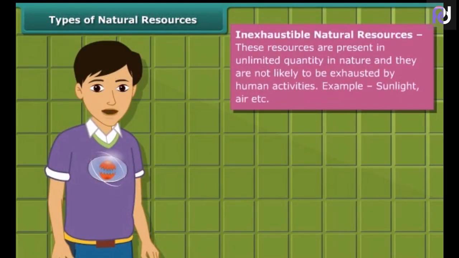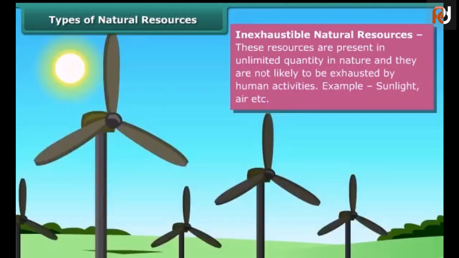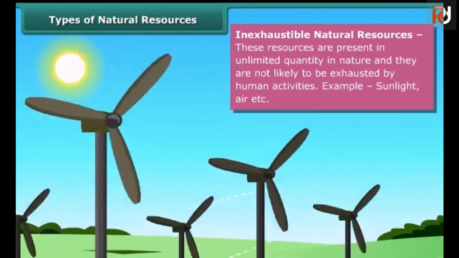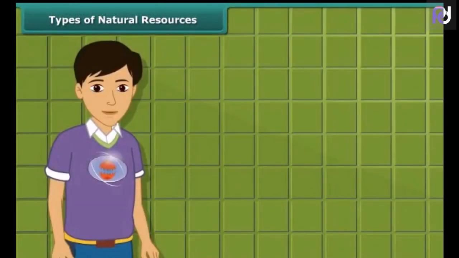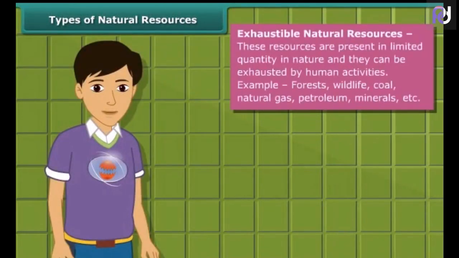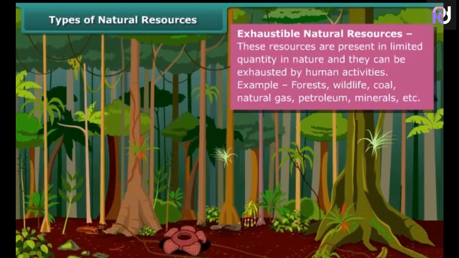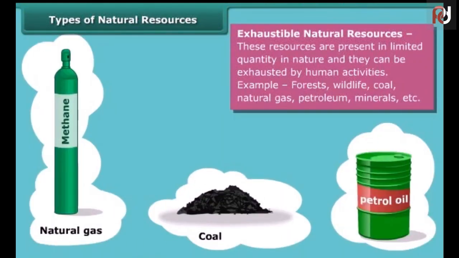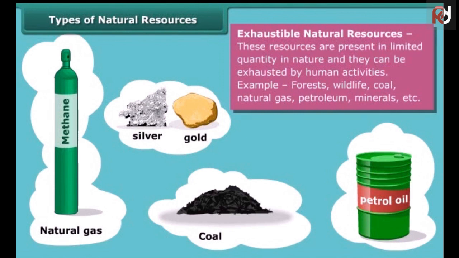Inexhaustible natural resources are present in unlimited quantity in nature and they are not likely to be exhausted by human activities, like sunlight and air. On the contrary, exhaustible natural resources are present in limited quantity in nature and they can be exhausted by human activities, like forest, wildlife, coal, natural gas, petroleum, etc.